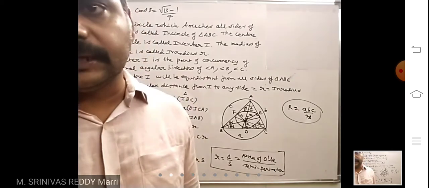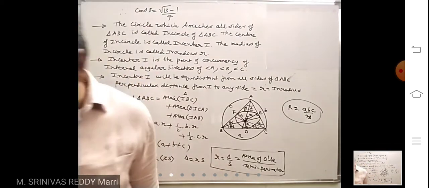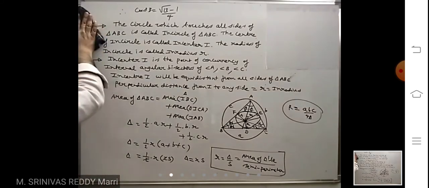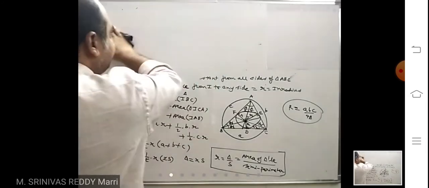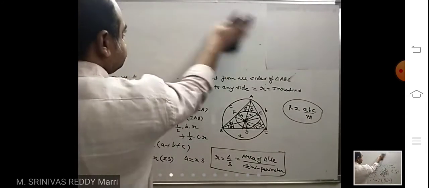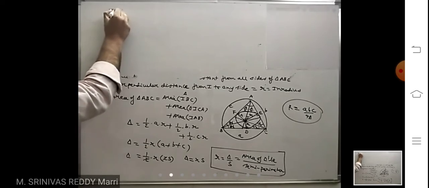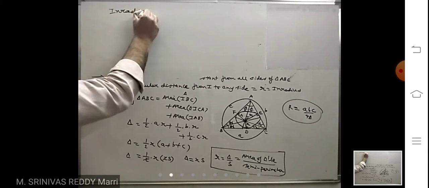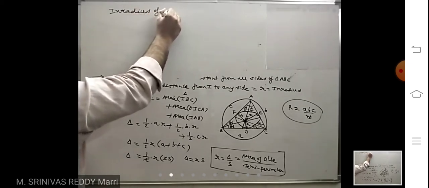Okay okay, listen carefully. Formula you have to remember, R equal to delta by S. There are different formulas for calculating inradius. Look at, I will list it. You have to remember this formula. Inradius of triangle ABC.